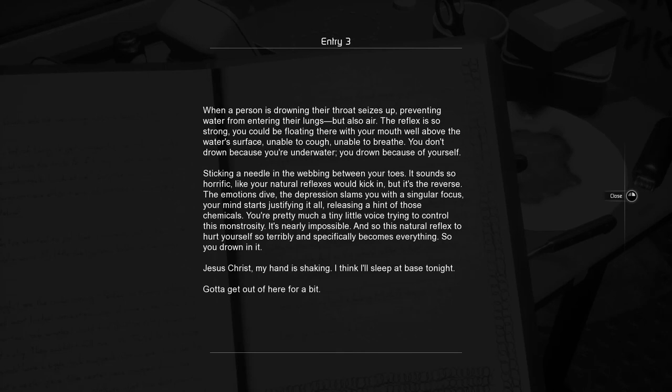So is he like self-harming? Because this came kind of out of nowhere. At first he was talking about drowning, and then this part about sticking a needle in between your toes. Has he been self-harming to perhaps keep his mind off of the supernatural bullshit that he was experiencing?